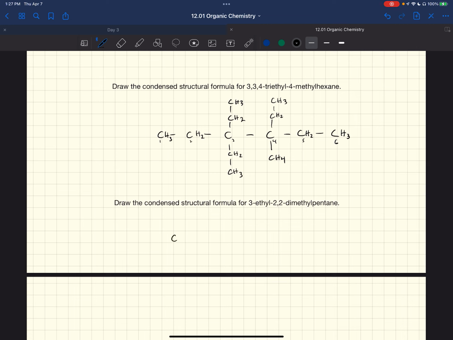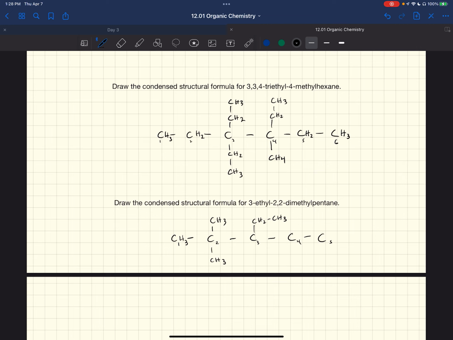Okay, last but not least, give this one a try. So here, this is a pentane, so it's a 5-carbon backbone. Okay, and then I'm just going to number from the side, so 1, 2, 3, 4, 5. So 3-ethyl, and then 2,2-dimethyl.